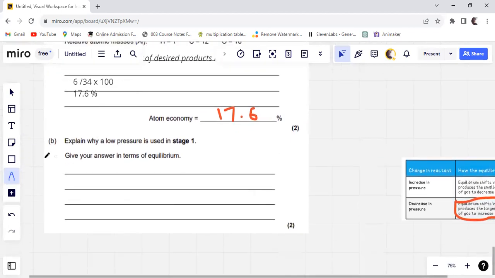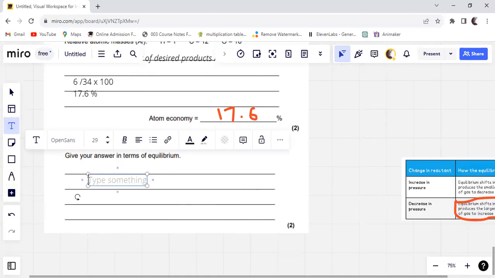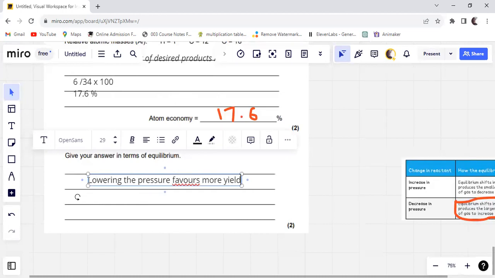This is the answer for why low pressure is used: lowering the pressure favors the forward reaction, so you would have a higher yield of hydrogen and carbon monoxide.